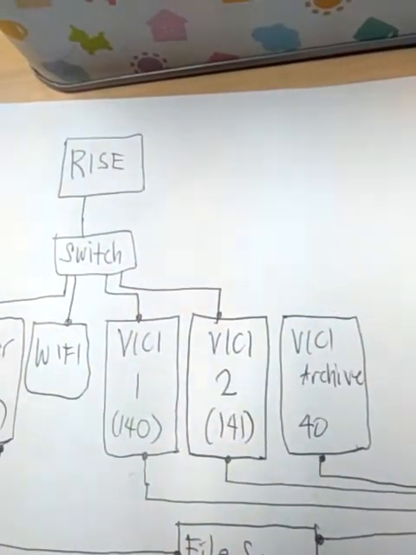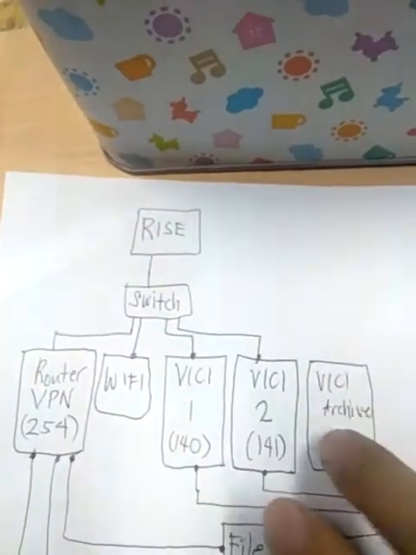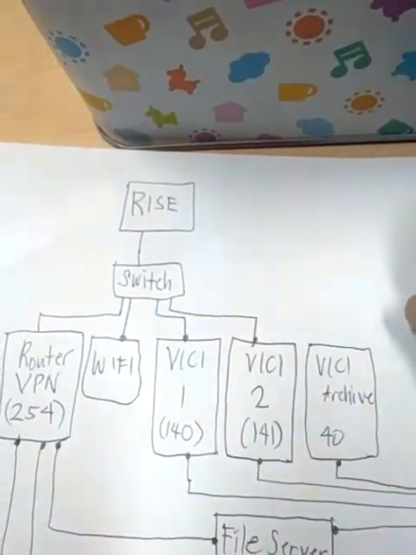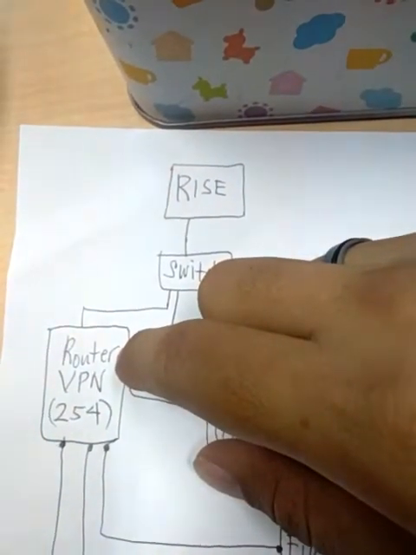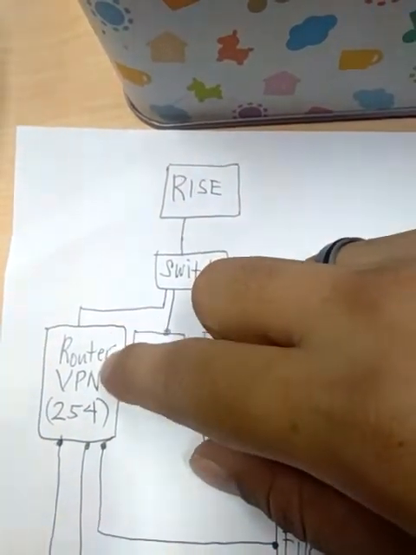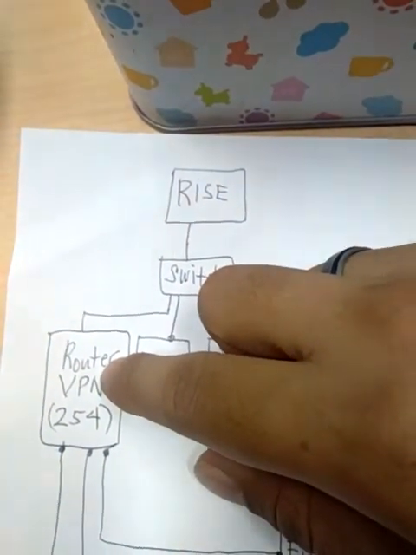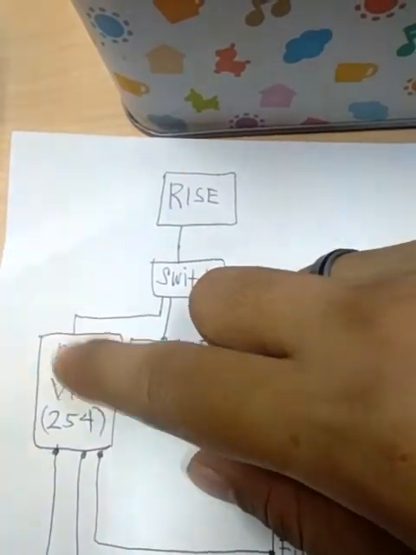Each of these has, since these are the users, or these are considered as the slots of the public IP of RISE. So the VPN router is using the public IP of RISE, 43.226.7.230.